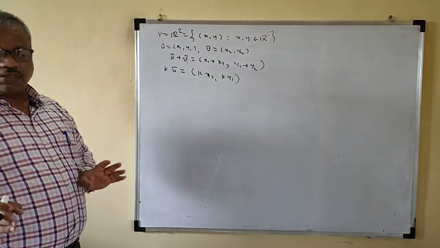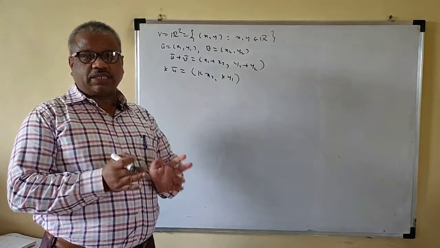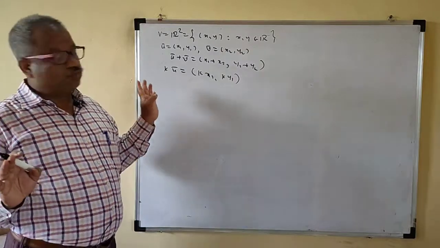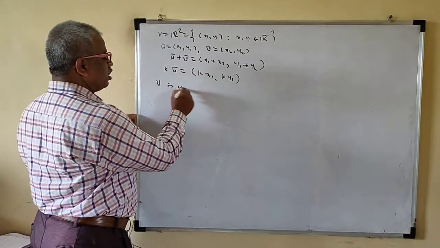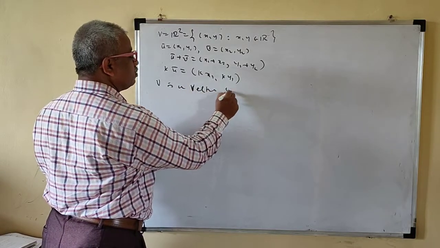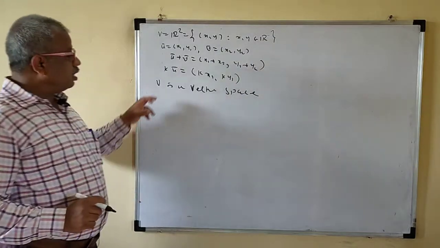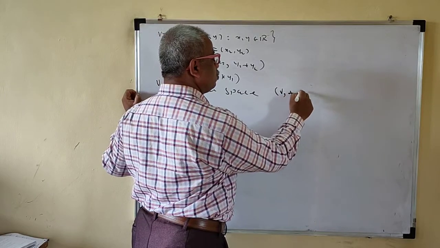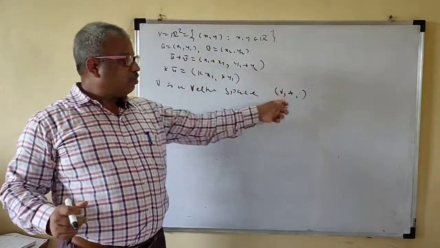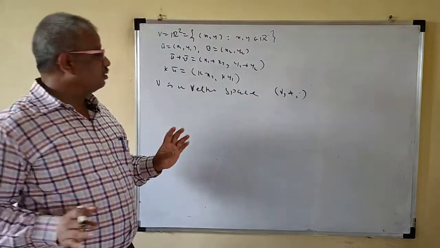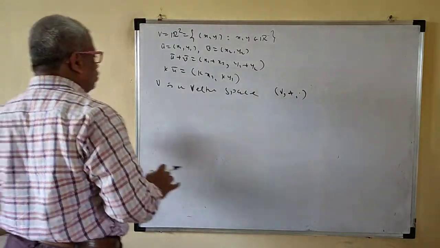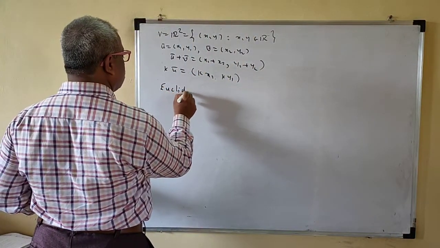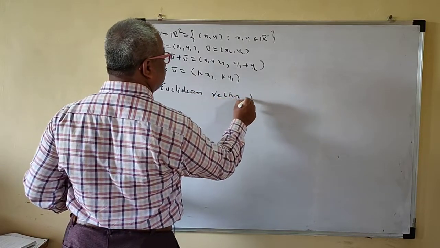This is called usual addition and usual multiplication. If the addition and scalar multiplication are not given, you have to assume that the addition and scalar multiplication are usual. Then you will say that V is a vector space under this, and it is called a Euclidean vector space.